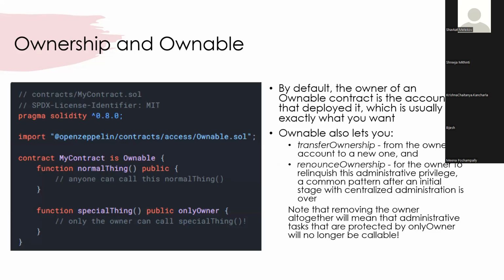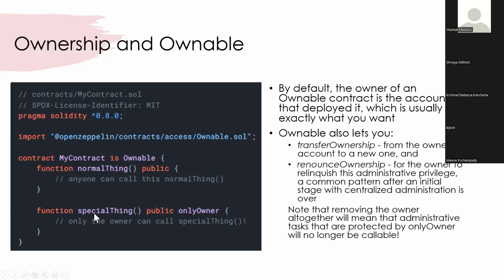So ownership and Ownable. For this code, we have a contract defined as Ownable, and you define a function that essentially can be performed by only the owner of that contract.